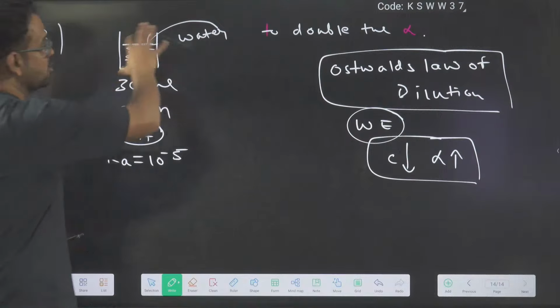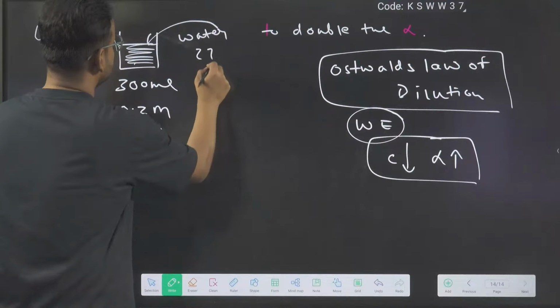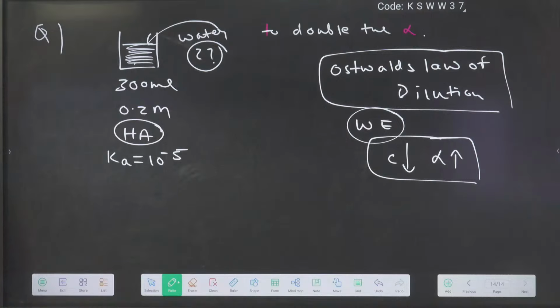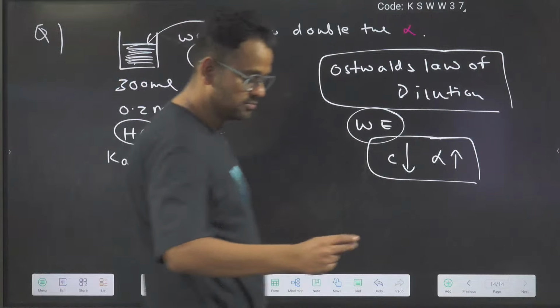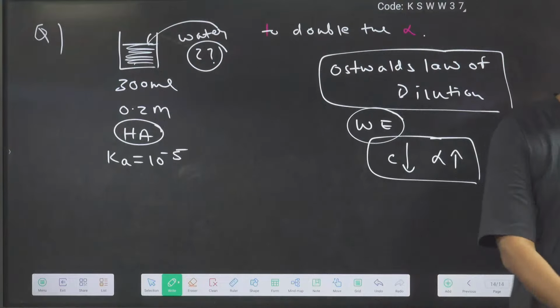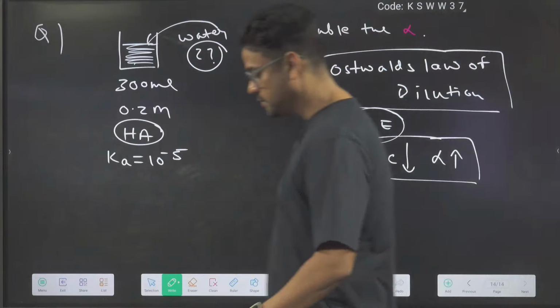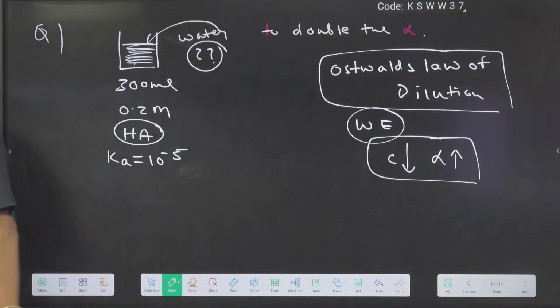The question is how much water I should add so that the value of alpha gets doubled. Try this question for a couple of minutes, then we will discuss the solution.